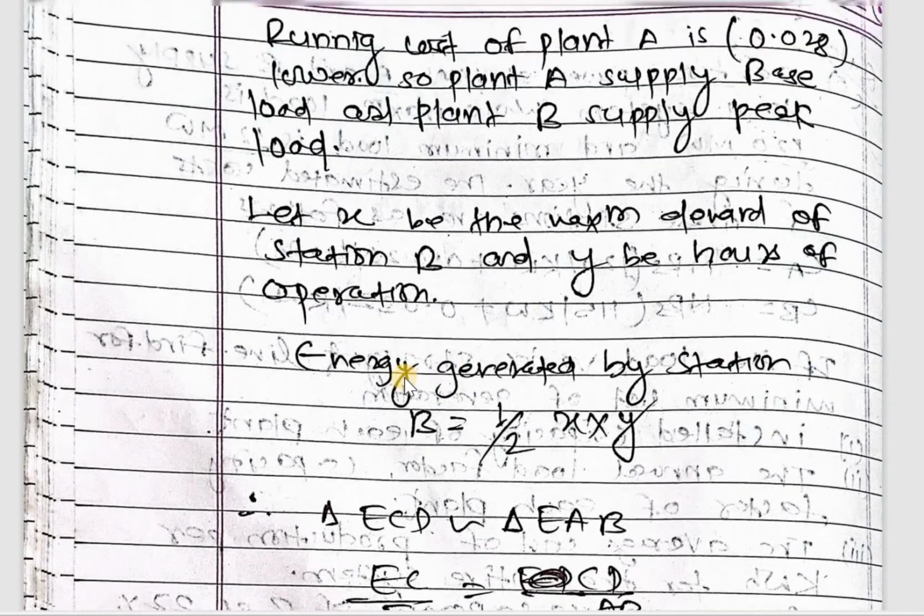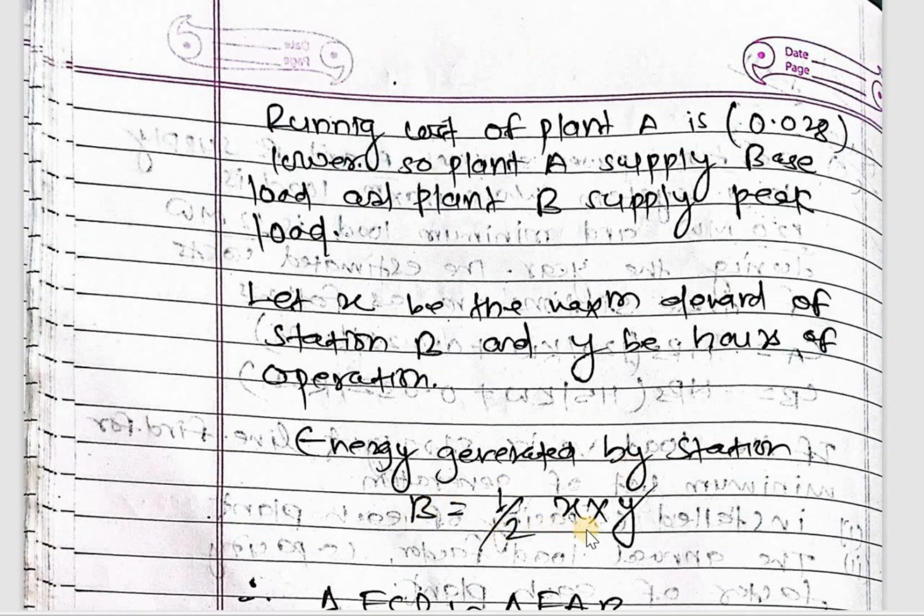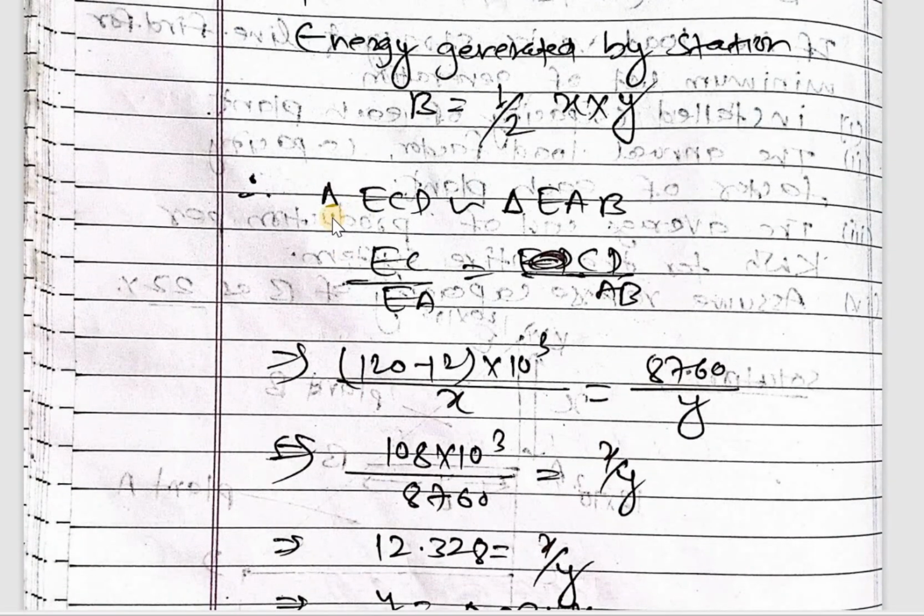Therefore, the energy generated by station B is 1 by 2 into X into Y. Triangle CDE is similar to triangle EAB. These two triangles are similar.